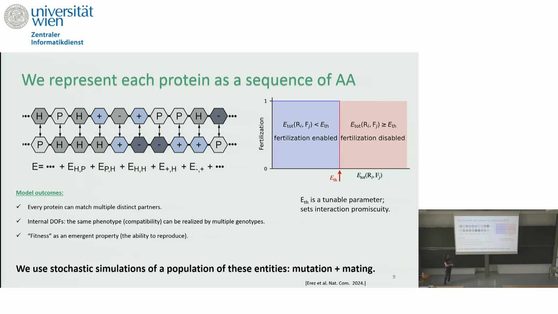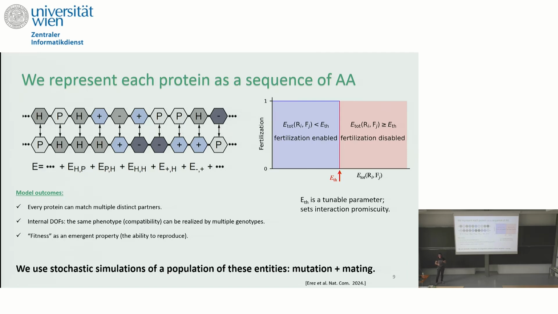So what is the meaning of this E threshold? That's a parameter that we set in the model. You can think of it as setting the promiscuity of interactions between these proteins: how likely are random sequences to match each other? I'd like you to pay attention to several consequences of this kind of model construction. First, every protein can match multiple different partners, because matching just means that the interaction energy is below the threshold.